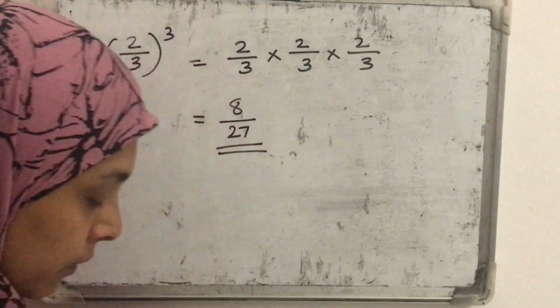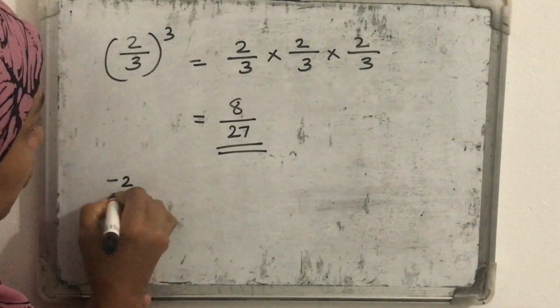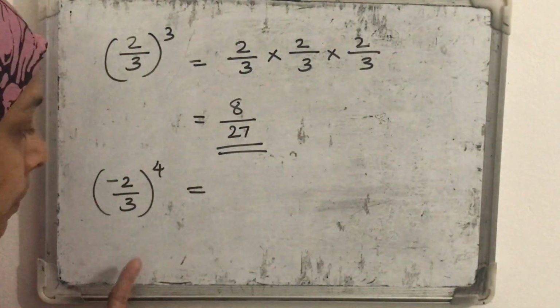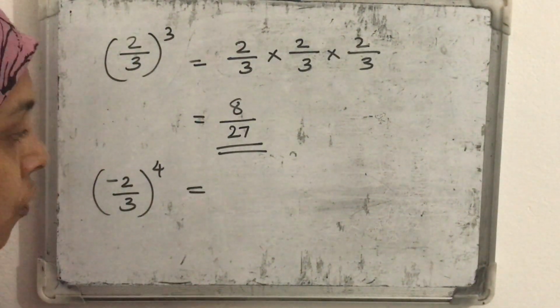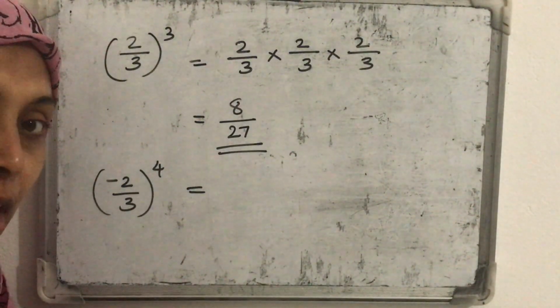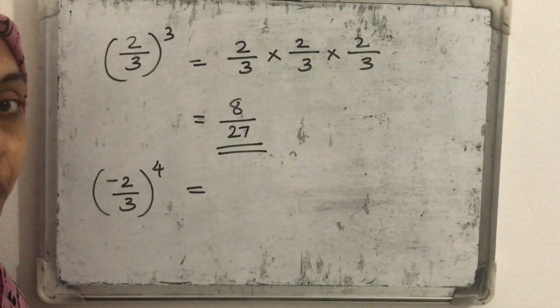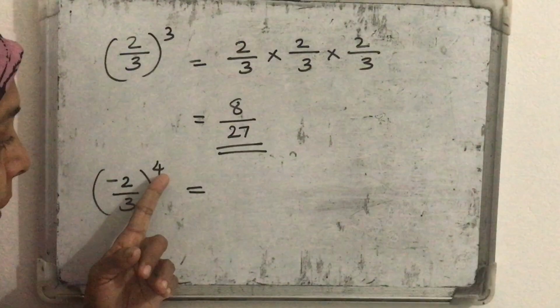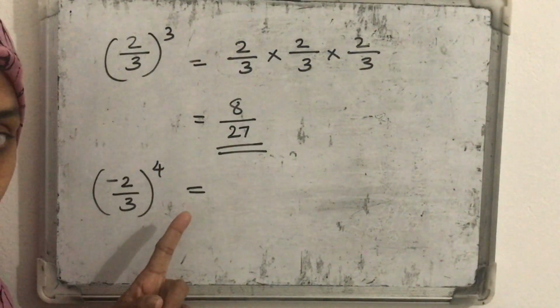Another question: minus 2 by 3 whole raised to 4. First we can imagine what its value will be, positive or negative. Here it will be positive because the power is 4, an even number.